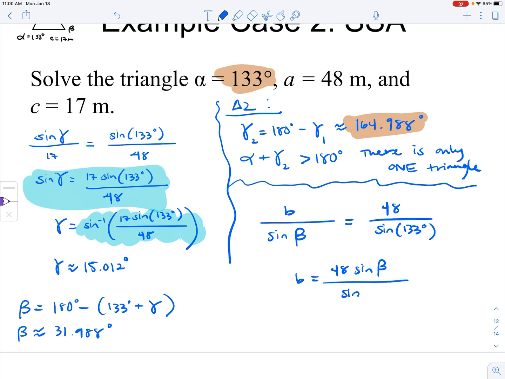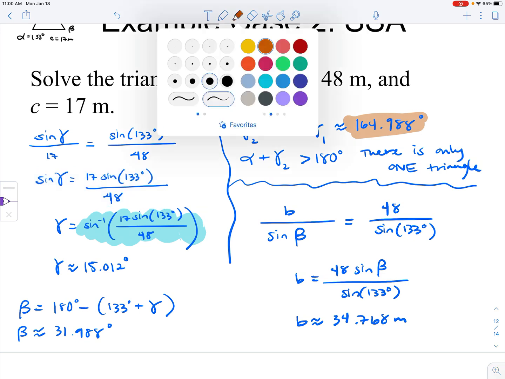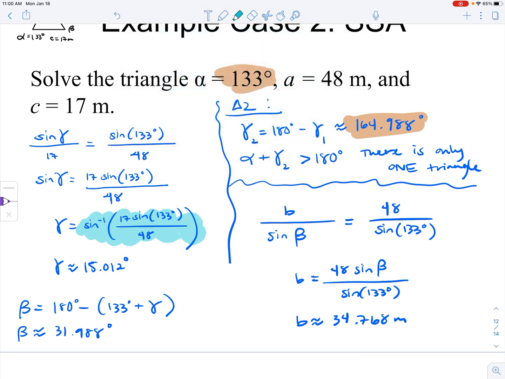So B would be equal to 48 times sine of beta over sine of 133 degrees. That represents the exact value of B. Type everything into the calculator using your stored value for beta, and we get B is approximately 34.768 meters.